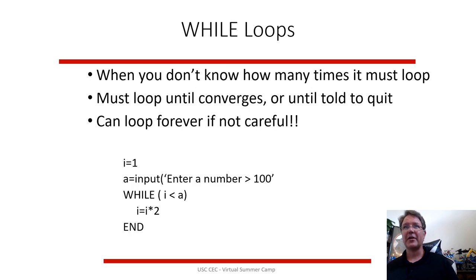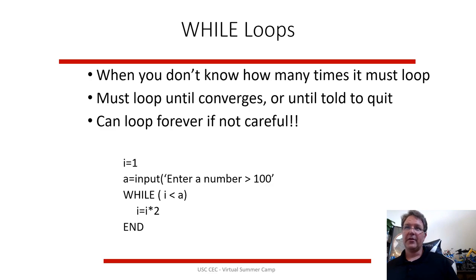A while loop is like a for loop, but different. If you don't know how many times it's going to loop, use a while loop. The while loop has to basically converge, has to stop. And sometimes you get in trouble because you have a condition that's never met.